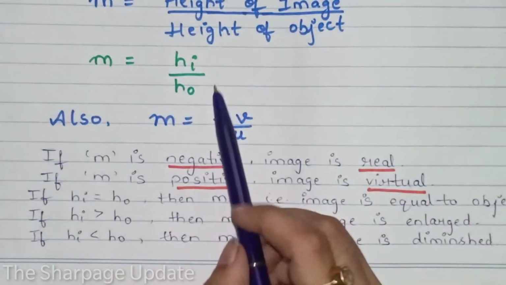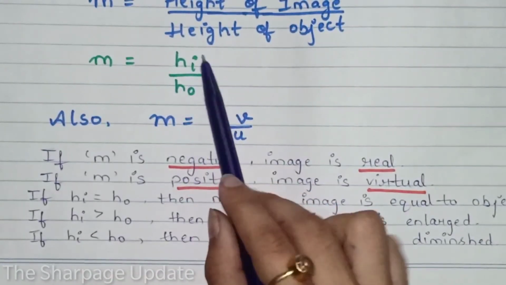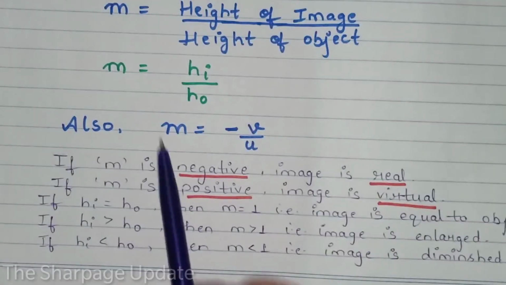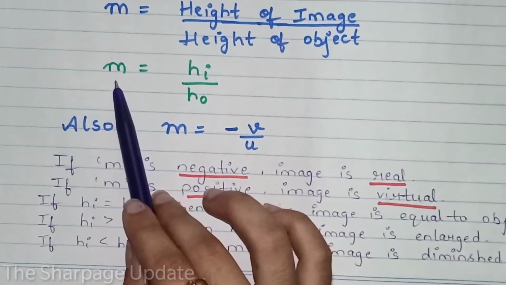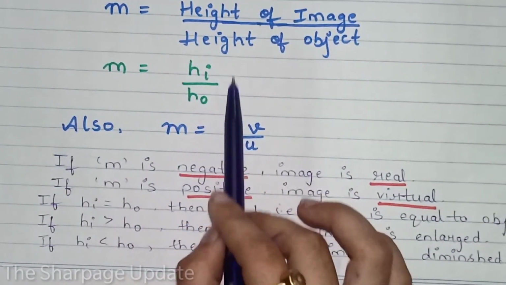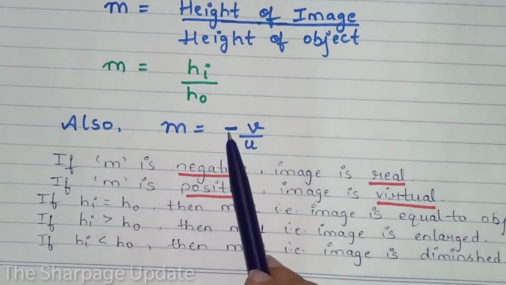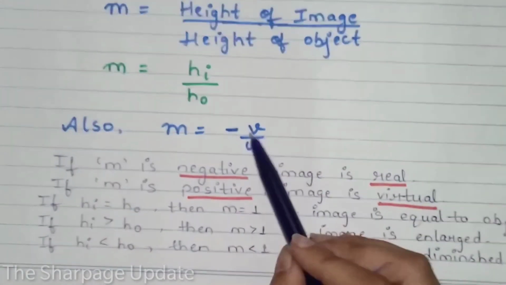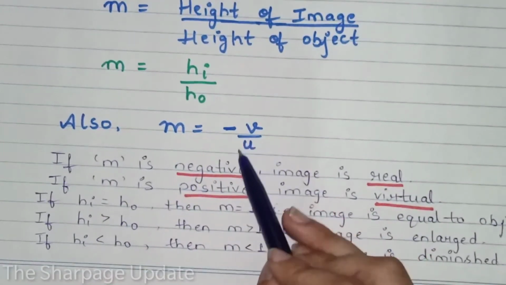So, if we consider the height of image as hi and height of object as ho, and the magnification is represented by small m, so m will be equal to hi upon ho. M is also equal to minus v upon u, where v is the image distance and u is the object distance.